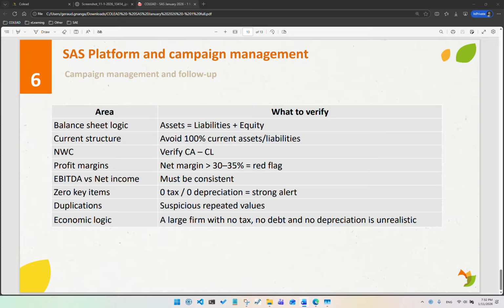Whenever such inconsistencies are identified, the objective is to approach the company politely and explain that you have observed certain inconsistencies and would simply like to verify whether the figures are accurate or not.